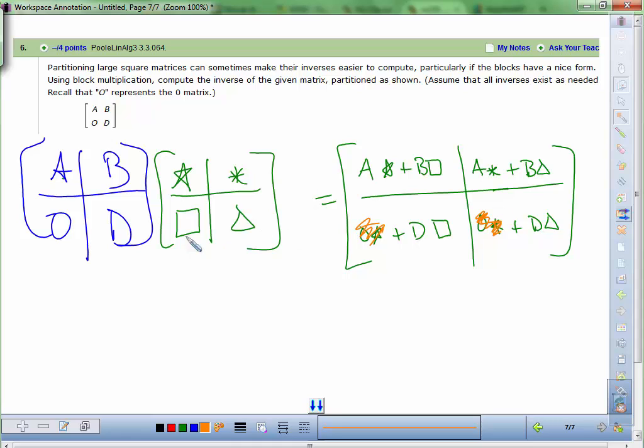I scribbled them out because there's a zero matrix being multiplied.